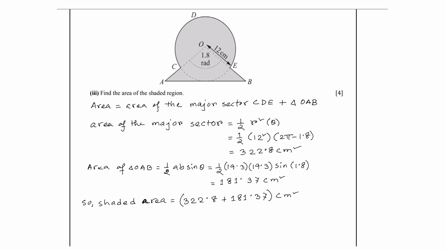If you add them together, we get the final value as 504.17 centimeters squared. 504.17 centimeters squared. So this is the area of the shaded region. Now question 11 is done. Now let's move on to the next question.